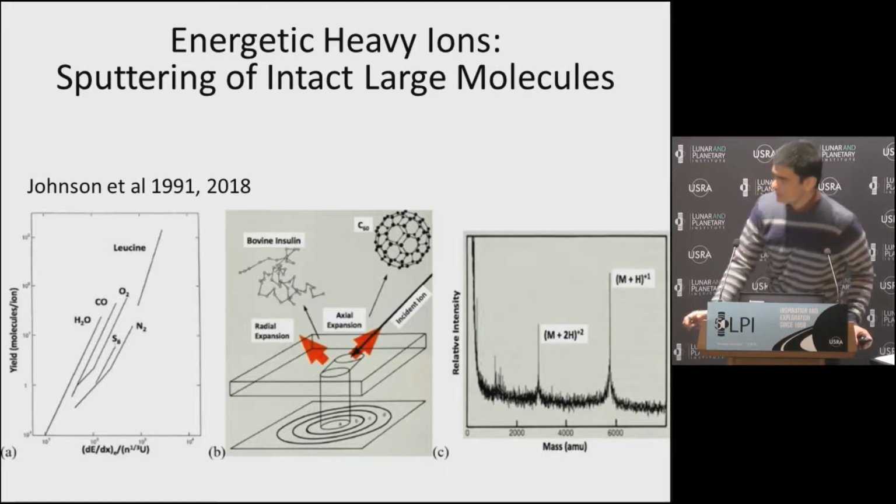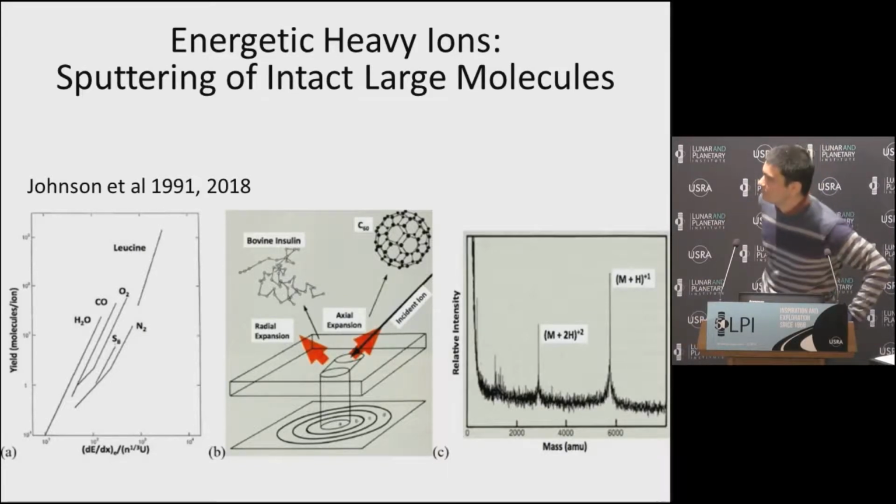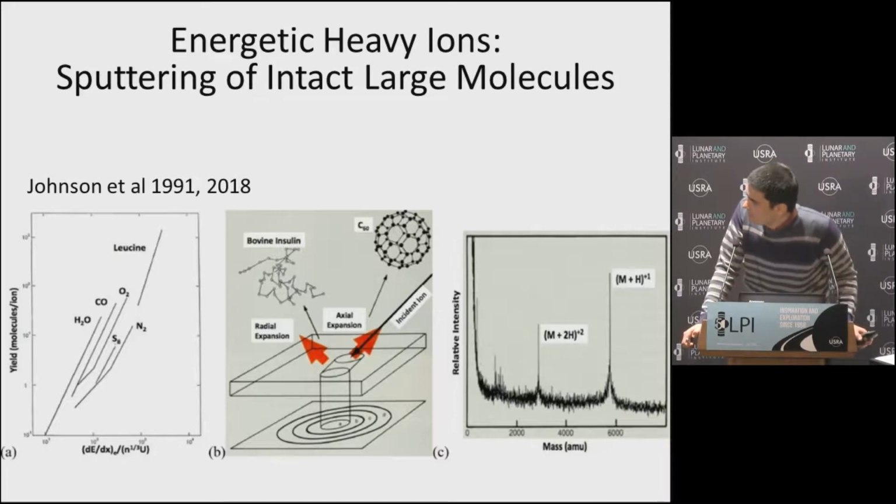Now, one question that raises is that at Europa, you have significant gravity, so anything that you eject from the surface can fall back to the surface, can stick to the surface, and so presumably would have very many opportunities to get dissociated.